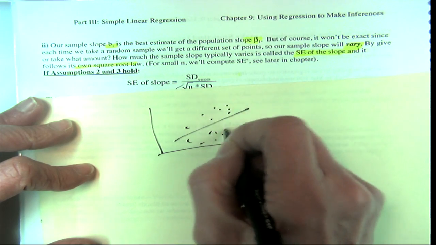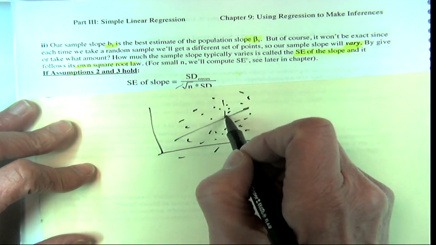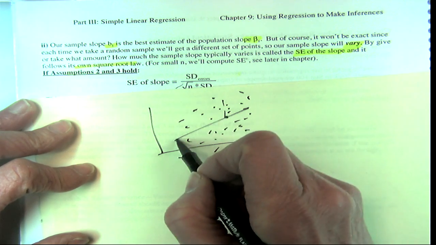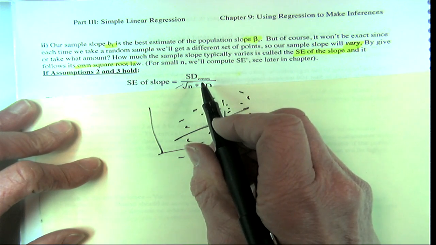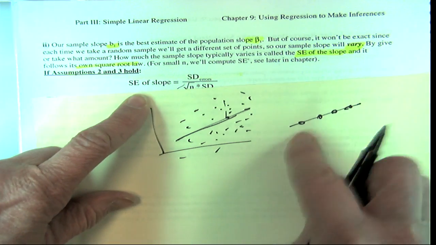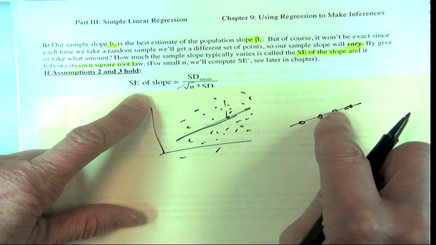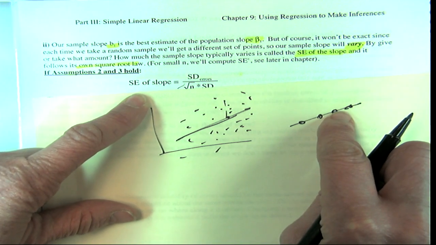That standard deviation of the errors is the scatter. It's a measure of the scatter around the regression line. If that was 0, if every point was on the line, there'd be no sampling error. Every time, even if we picked 3 points, we'd get the exact right line.